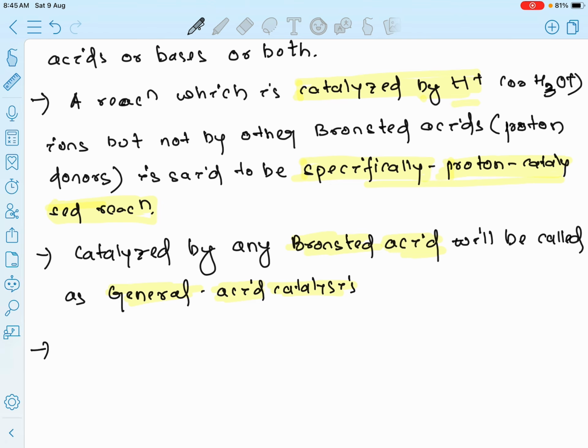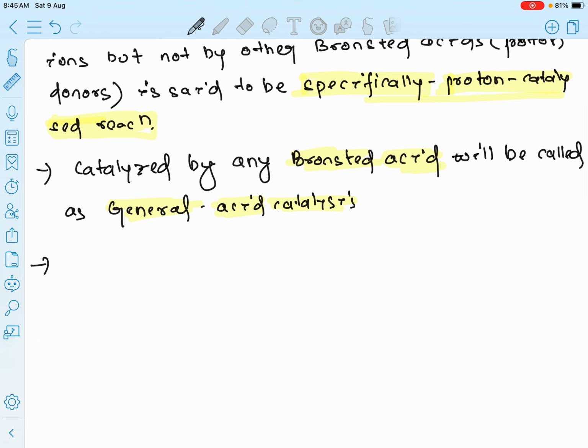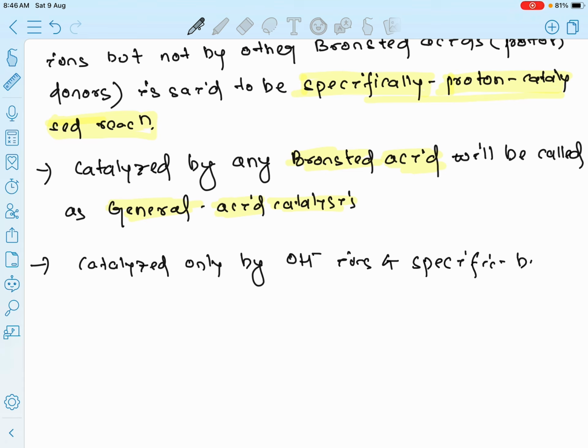Similarly, if a reaction is catalyzed only by OH minus ion, hydroxide ion, then it will be said to be a specific base catalysis.